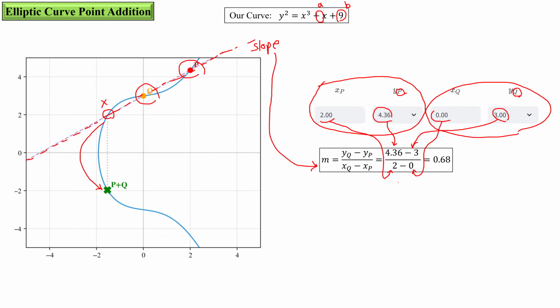If you compute this division, the slope of the line would be 0.68.